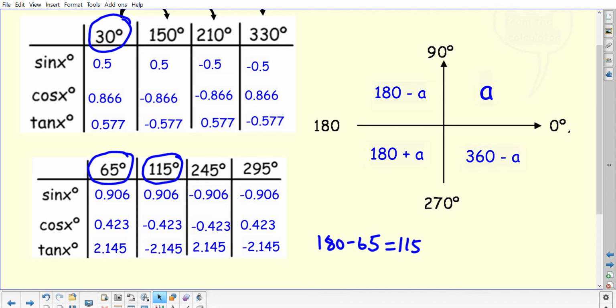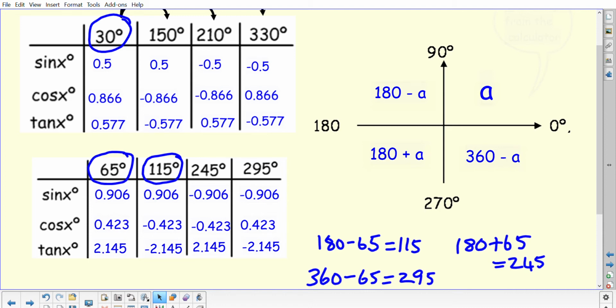So that would be my angle in my second quadrant. To get to the 245, that would be 180 plus the 65, and that does give me the 245. And then the last one is 360 take away the 65, and that does give me 295. So that's how they're all connected.